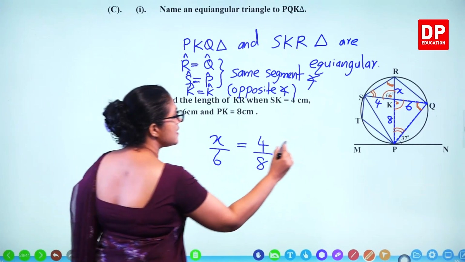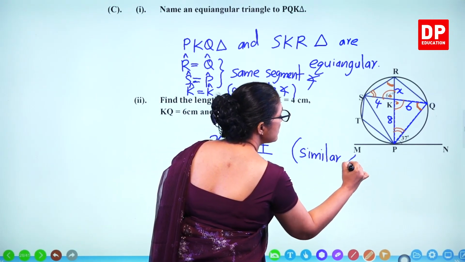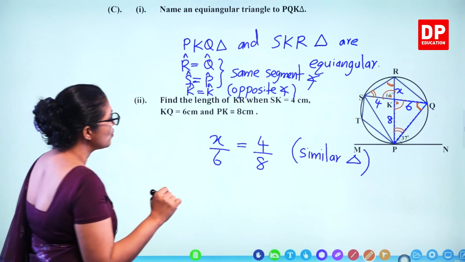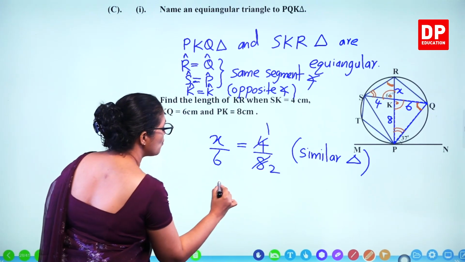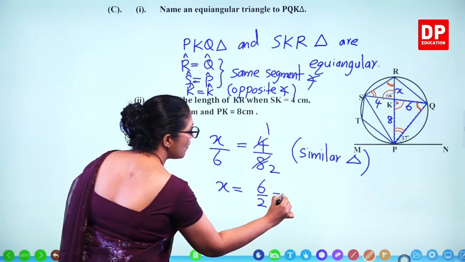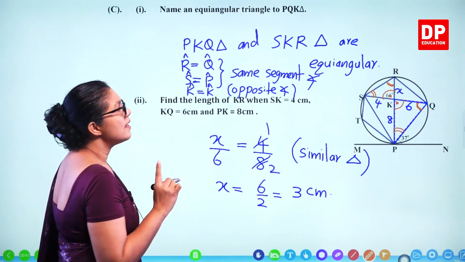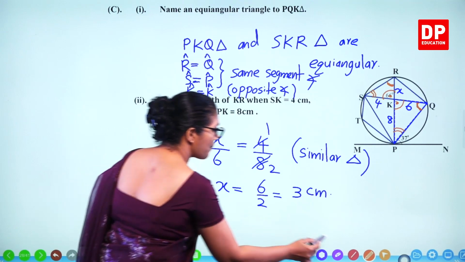So we can say similar triangles, because in similar triangles you can use the corresponding ratio. So we'll find x: 4 times 1, 4 times 2. So what's x? 6 divided by 2, that's 3 centimeters. That's the length of KR or RK.